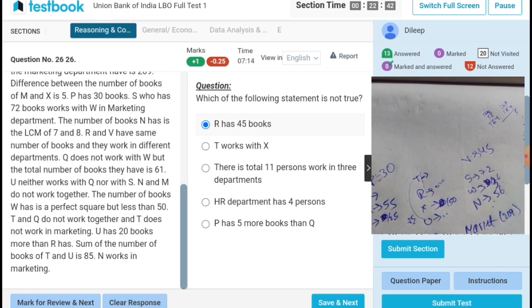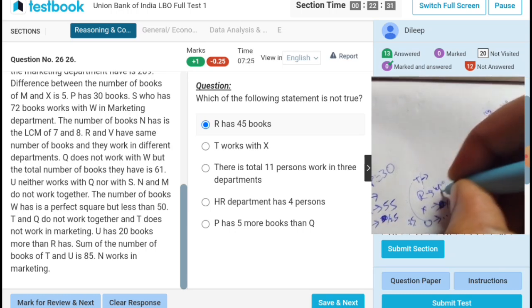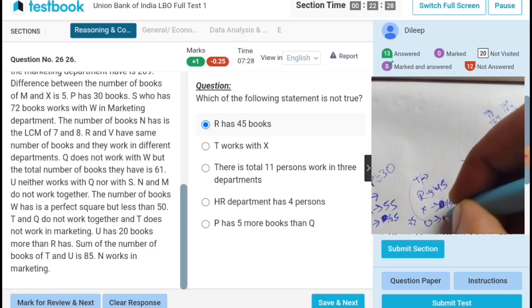HR has 4 persons. R and V have the same number of books, 45, I think 25, 60.